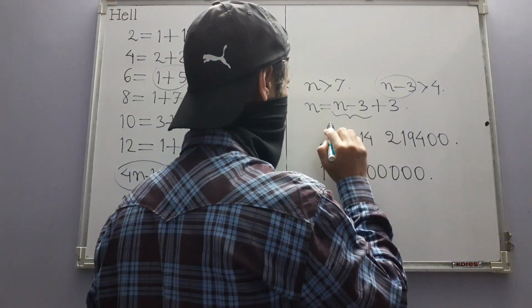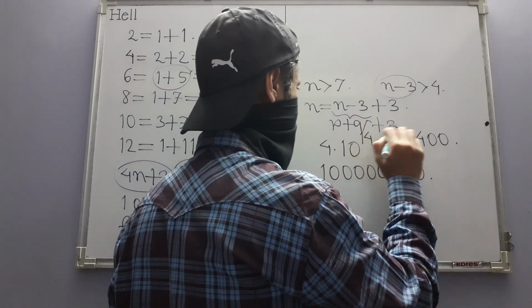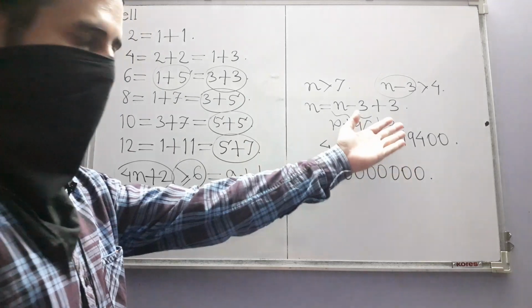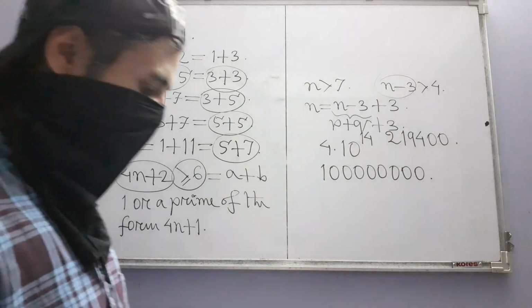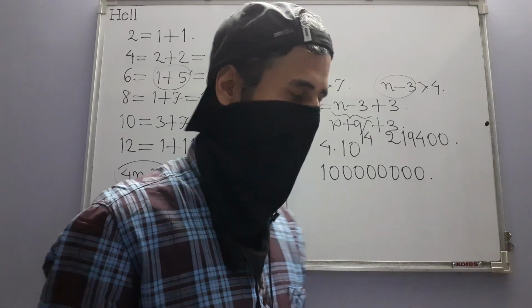So you can write this as a sum of 2 odd primes. Thereby you have n as a sum of 3 odd primes. One of them, of course, is 3. I don't know why suddenly this has been mentioned by the author, but that's what it is.